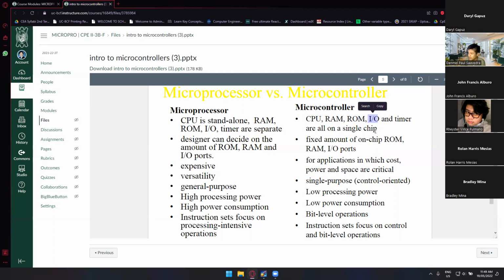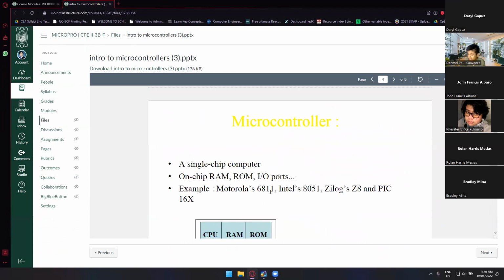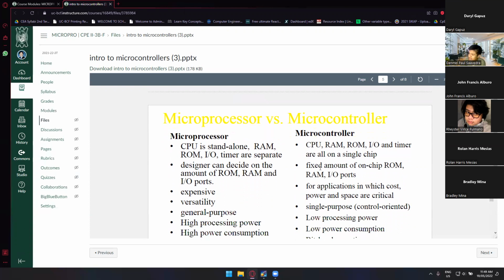Whatever you have bought, let's say 8051 or Motorola 6811, by default, that's already the capability of that microcontroller, depending on the needs of a certain device. So this is a fixed amount of on-chip ROM, fixed amount of RAM, and fixed amount of input output ports.